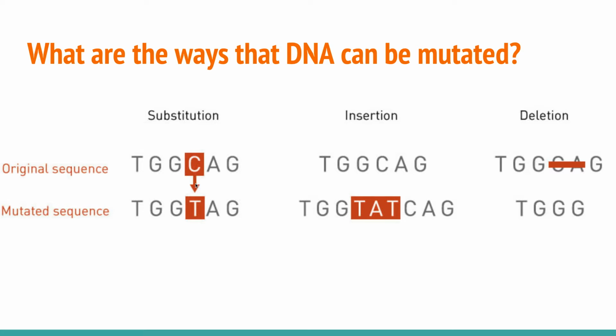So substitution means that instead of the right base pair, there's something else that has taken or replaced it. Insertion is if this is the original code, there is a random code that gets placed in, and deletion means we're missing part of our code. So replaced, inserted in, missing code. So extra, missing.